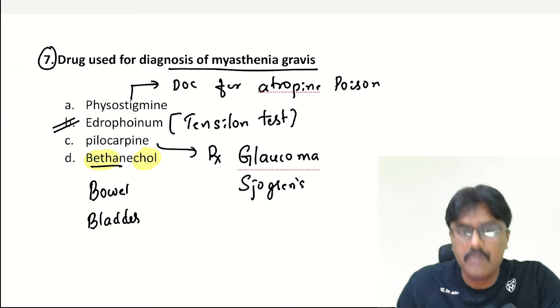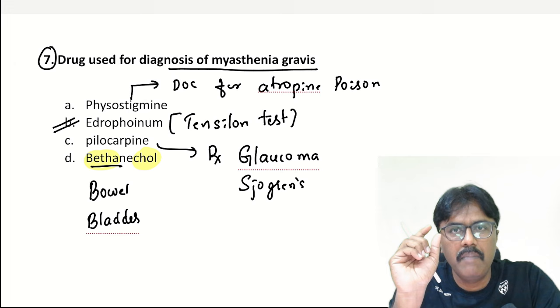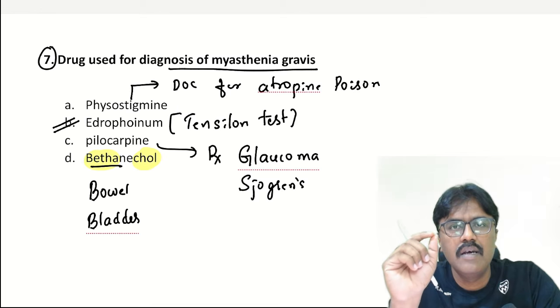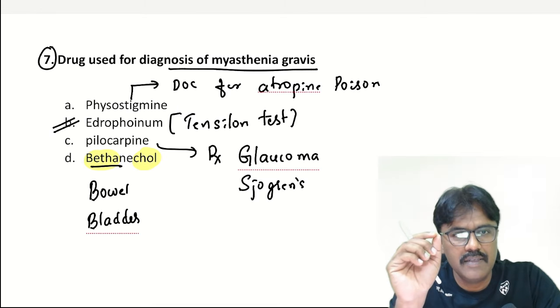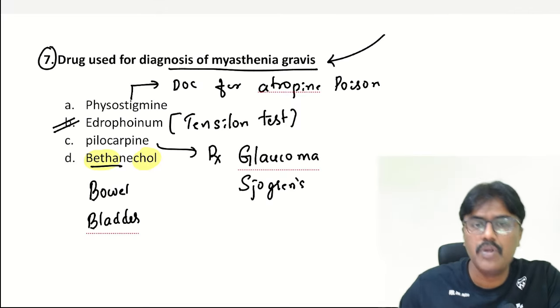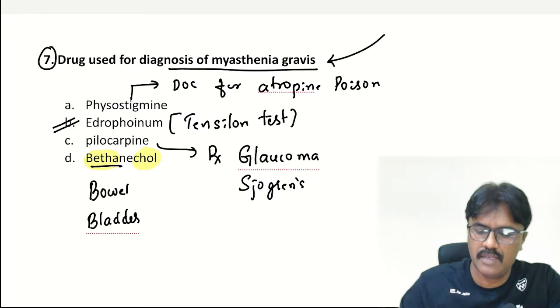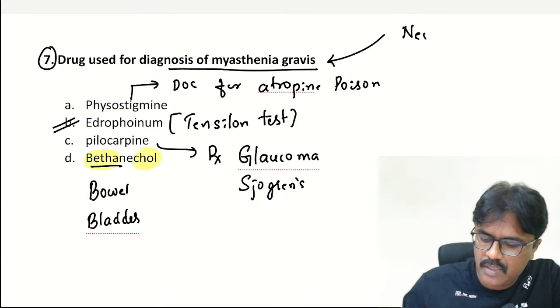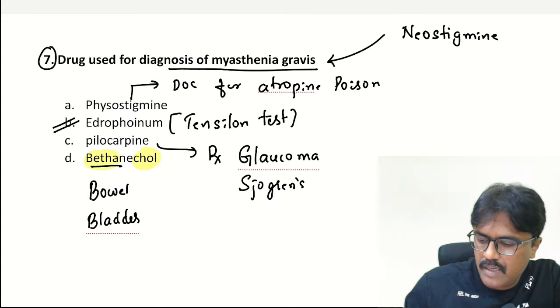It is used for post-operative bladder problem called urine retention, and post-operative paralytic ileus. What are the drugs used to improve muscle weakness in myasthenia gravis? The names are neostigmine and another drug called pyridostigmine.